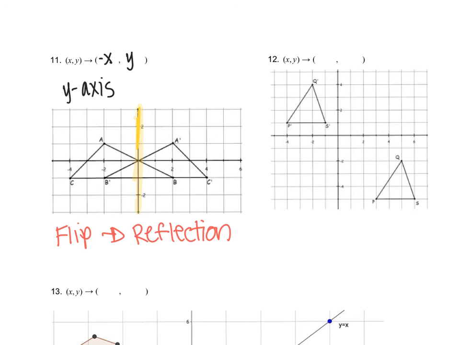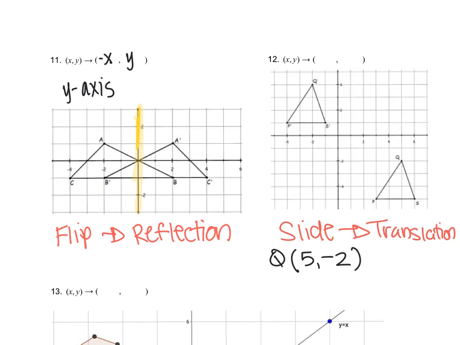Number 12, we have our two triangles. I have slid my triangle, and a slide is the same thing as a translation. In order to identify the rule that describes this translation, I need to pick an original point and its corresponding point, and I'm going to pick point Q. Point Q is originally at (5, -2), and its new point Q prime is at (-2, 4).